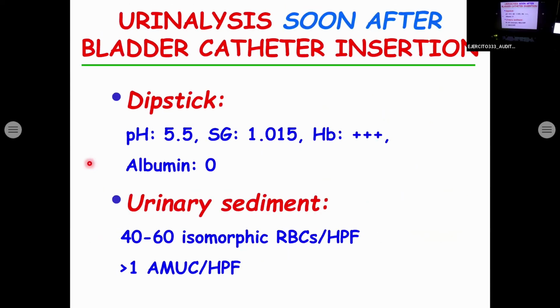After the bladder catheter insertion, we find that the pH is okay. Specific gravity 1015, hemoglobin 3+. Hemoglobin was not present before, albumin absent. Urinary sediment, the day before it was normal, now we have 40 to 60 isomorphic red blood cells per high power field, and more than one AMUC per high power field.